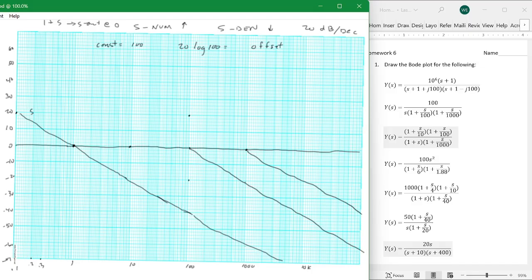What is the log of 100? 2. A logarithm is an exponent. What is 10 to the 2? Right? 10 squared. This is log base 10 of 100. 2.